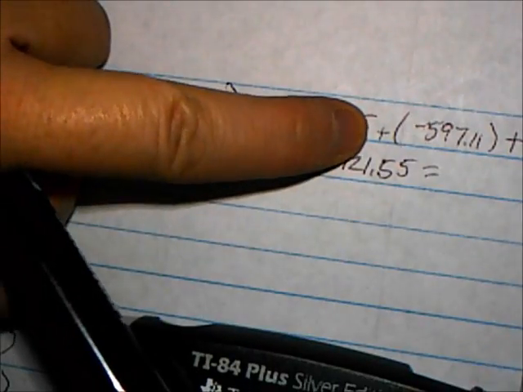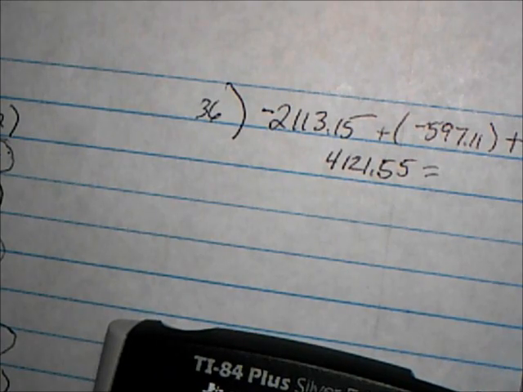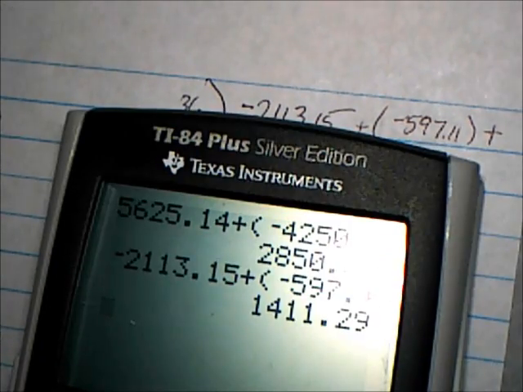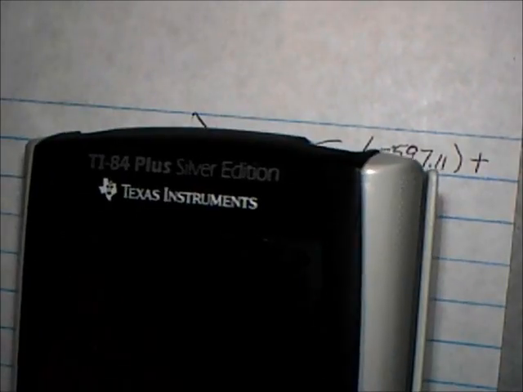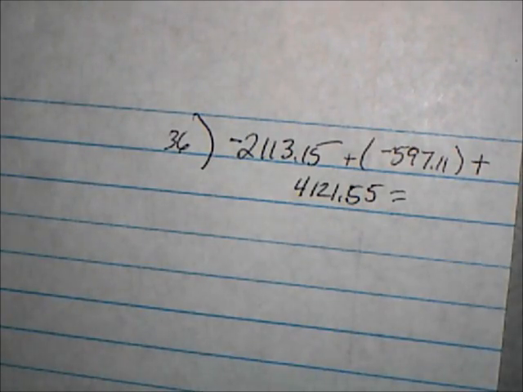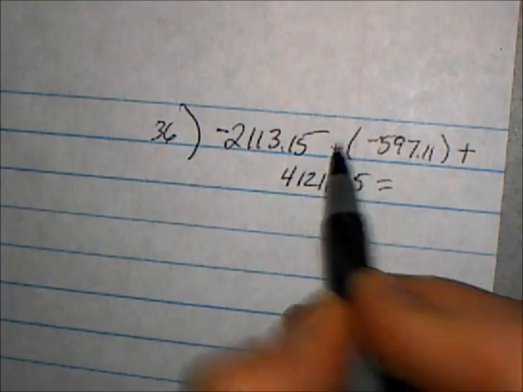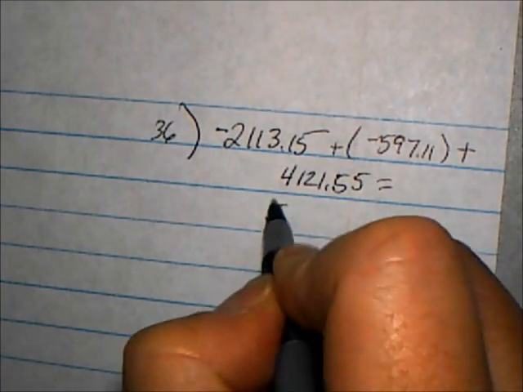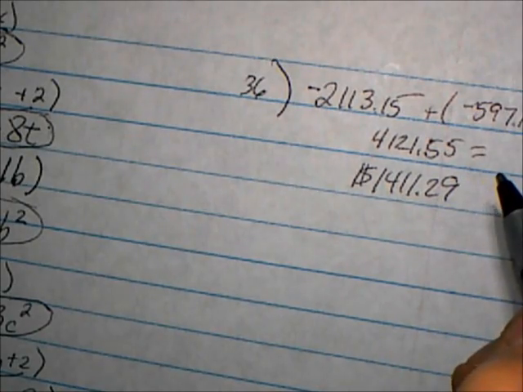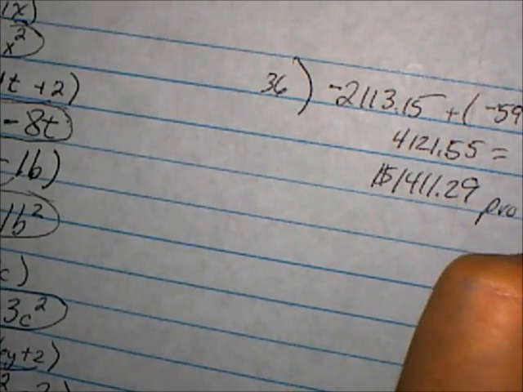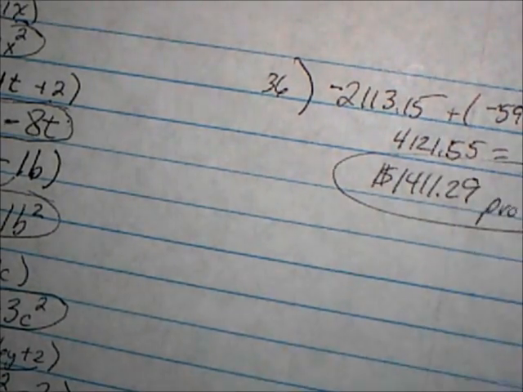Did you forget a plus sign? What'd y'all come up with? Yeah, I forgot the plus. I bet you forgot a plus sign to get a million. Alright, so this is 1411.29. Is this a profit or a loss? Profit. This is a profit. There we go.